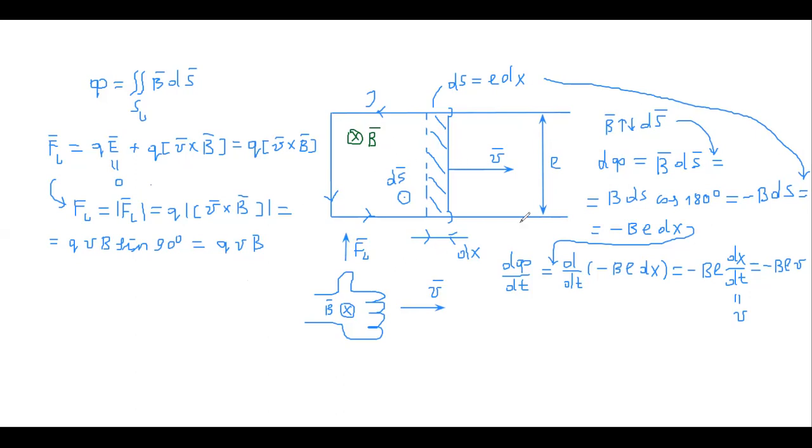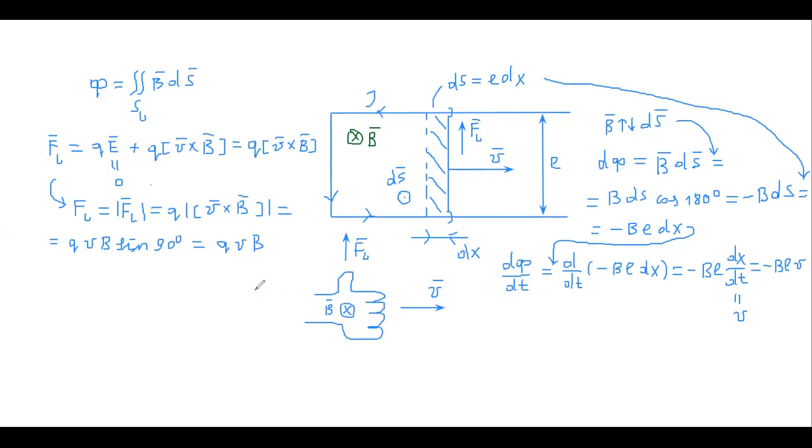So, if we have a look at our picture, we will see that according to the left hand rule the Lorentz force is directed from down to up on the screen.